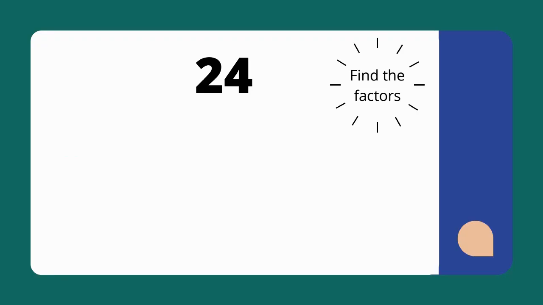Let's start with an example that doesn't have any variables. So first we want to find the factors of 24. This means we want to separate 24 into its numbers that when multiplied together give us 24.